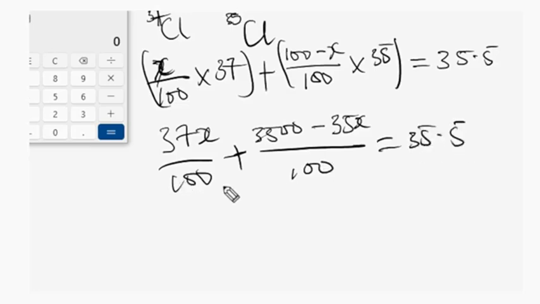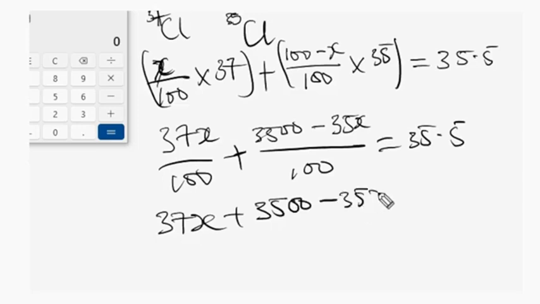To remove the denominators here, we're going to multiply through by 100. So we're going to have 37x plus 3,500 minus 35x equals 100 times 35.5, so 35.5 times 100 will be 3,550.